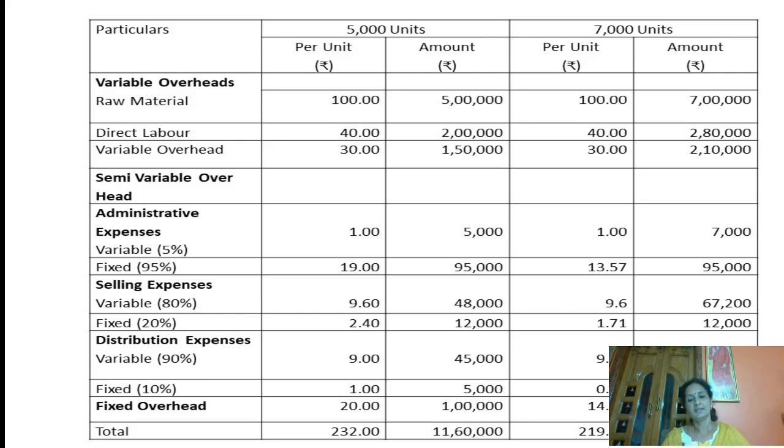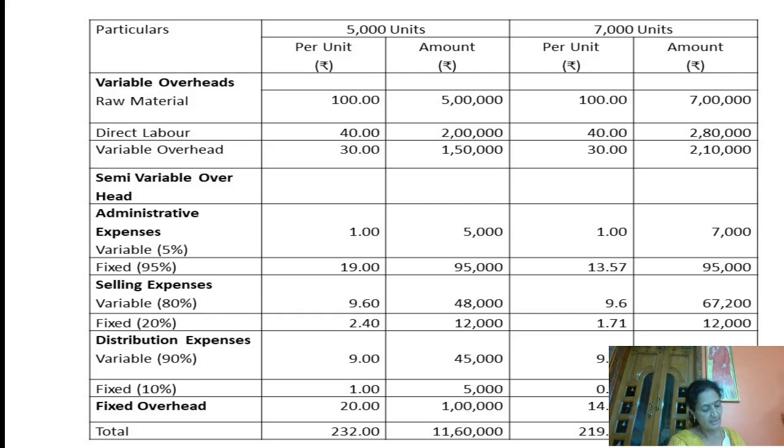After all this, you have to just total the cost per unit as well as the total amount. So at 5,000 capacity, you will get 11 lakh 60,000. The total cost which will be incurred is 11 lakh 60,000 and the per unit cost will be 232. Similarly, you can calculate even for 7,000 units.